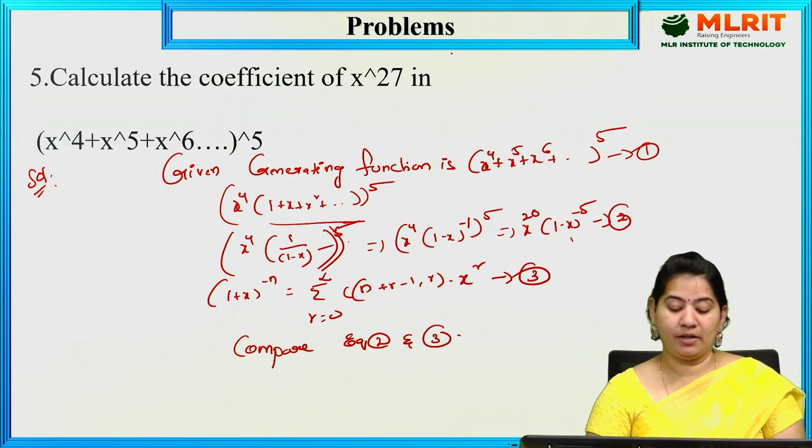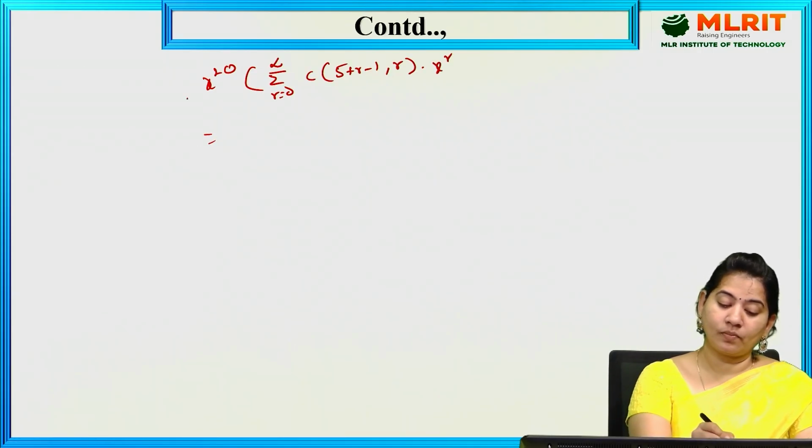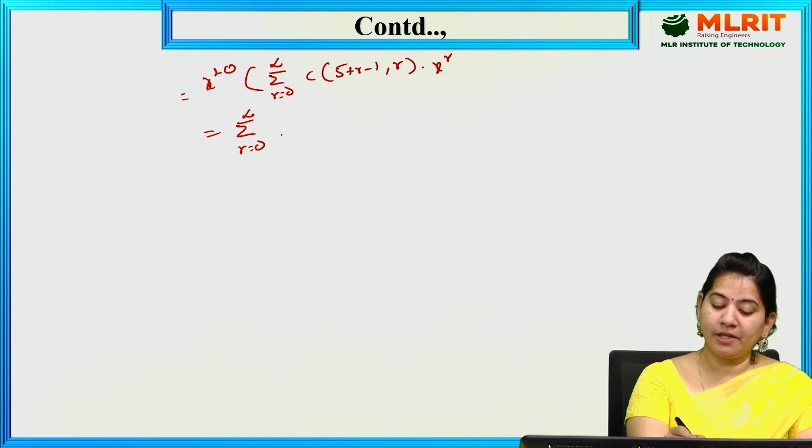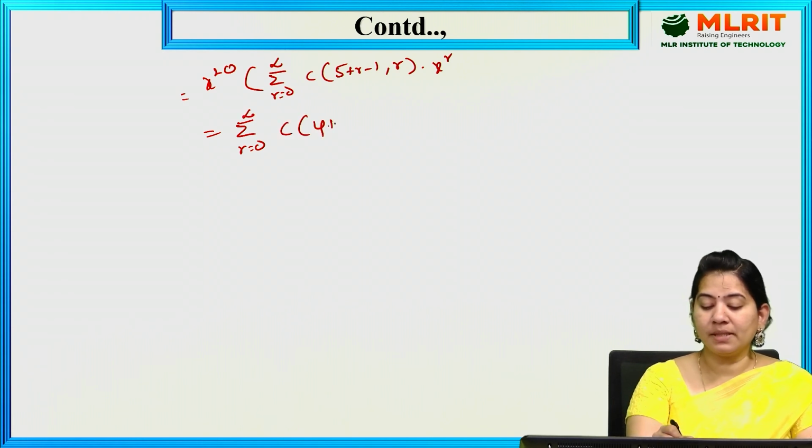Now x power 20 into, just take this x value here, then you will get sigma r equal to 0 to infinity C of 4 plus r comma r into x power 20 plus r. Let us consider this equation as 4.